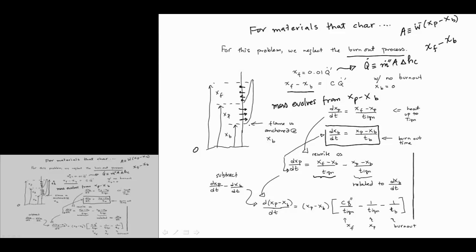So xf minus xb is xf star. So xf minus xb is equal to some constant times xp minus xb, and that comes from this per unit width issue.